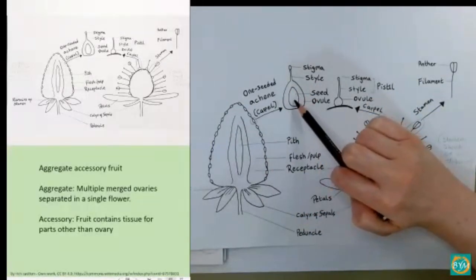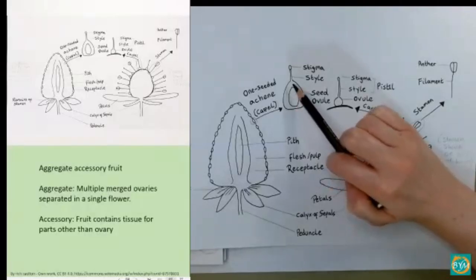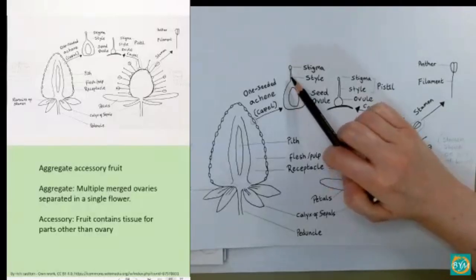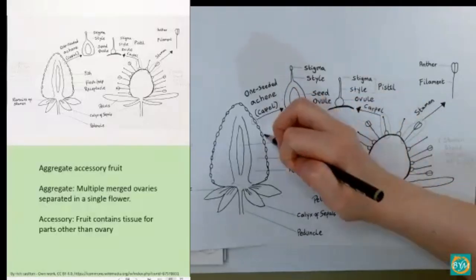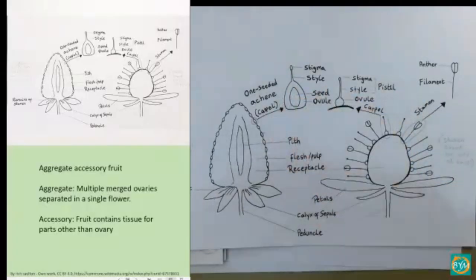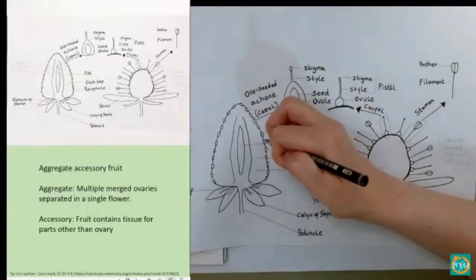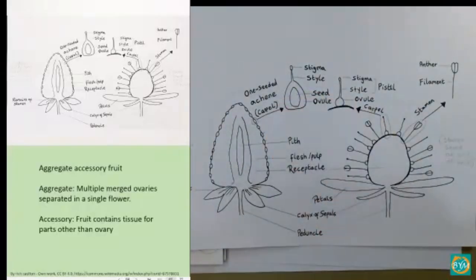Inside of it, there's going to be a seed, and often the style and the stigma is still attached to this as well. So in fact, you can do a little style and stigma on the outside of these. So in actual fact, our strawberry is called an aggregate accessory fruit.